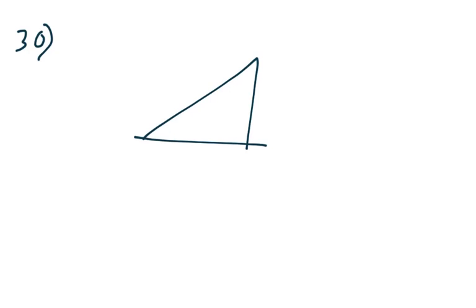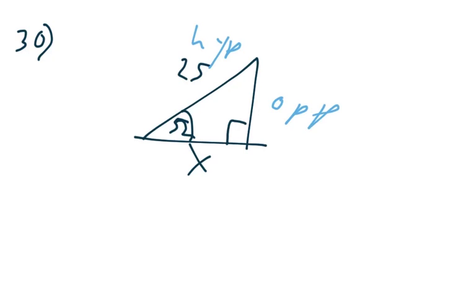And one more for this video, one of the shorter ones. G is 25. We have a right angle. And angle F is 52. And we want to find H. Well, here's the hypotenuse. Here's the opposite. Here's the adjacent.